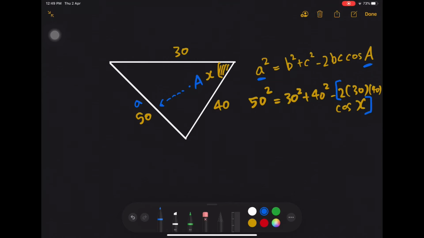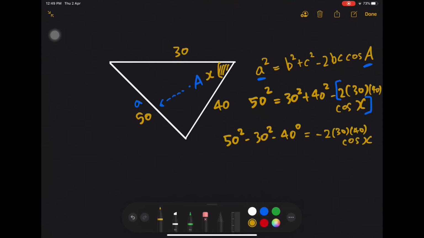So let's do this. We're going to shift the 30 square and 40 square over to the other side. So we have 50 square minus 30 square minus 40 square equals negative 2 times 30 times 40 cosine x. The next thing is to divide by negative 2 multiplied by 30 multiplied by 40 on both sides of the equation.